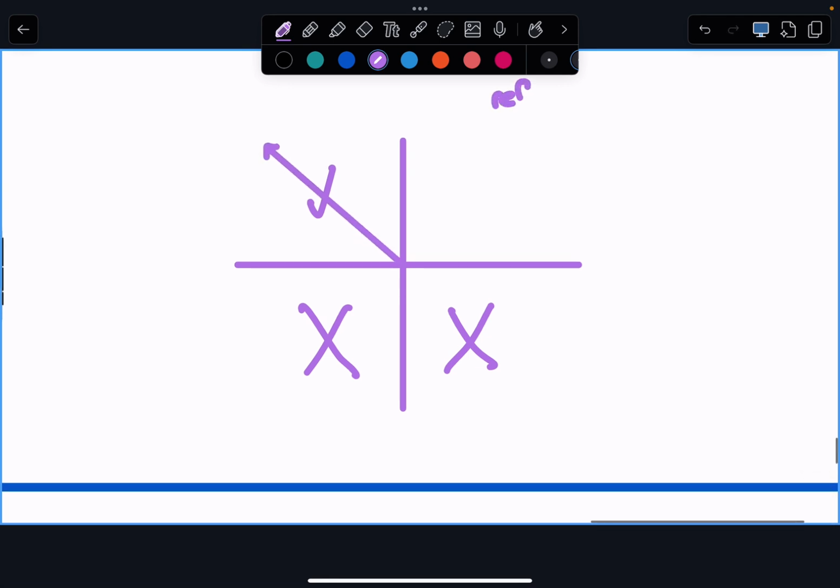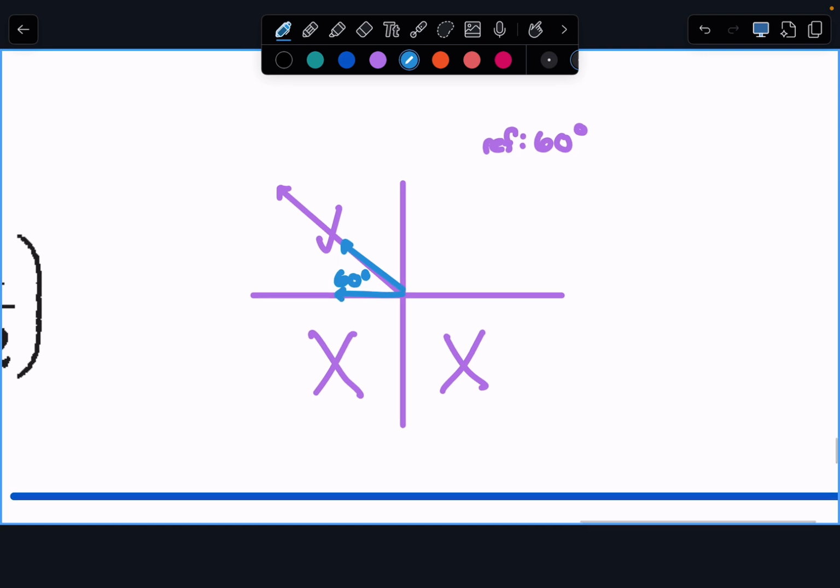So my reference is 60, which means that this would be 60 degrees, right? If my reference angle is 60 degrees, then, okay? So what is that angle? How would I find it? The purple one, sorry, this one. 180 minus 60. So my answer is what?